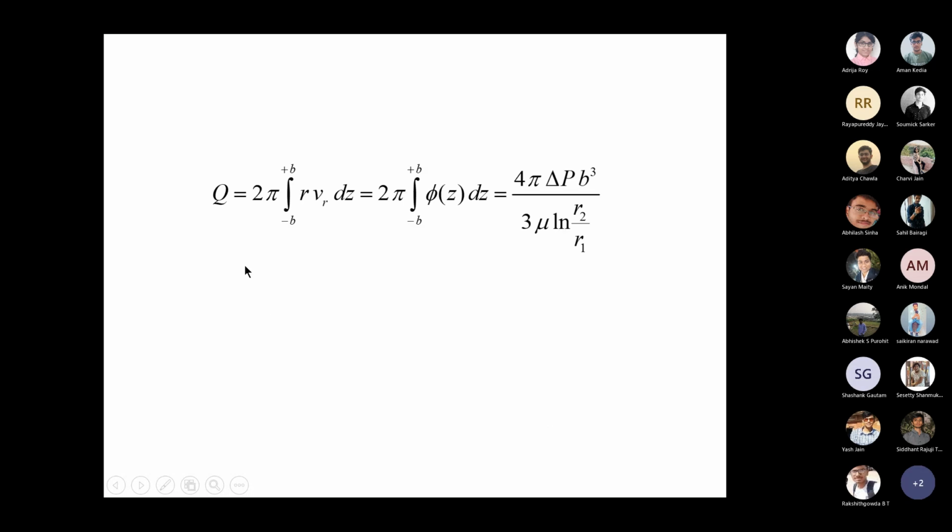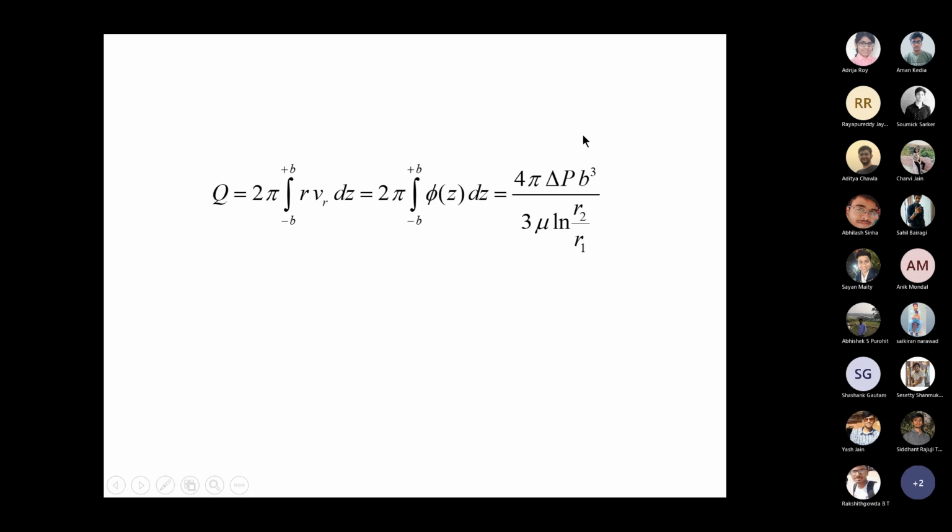And of course, if you have the velocity profile, you could also figure out the volumetric flow rate. The area perpendicular to the direction of flow is simply 2 pi r times dz, and we know that r VR doesn't depend on r. And the integration is from minus b to plus b.